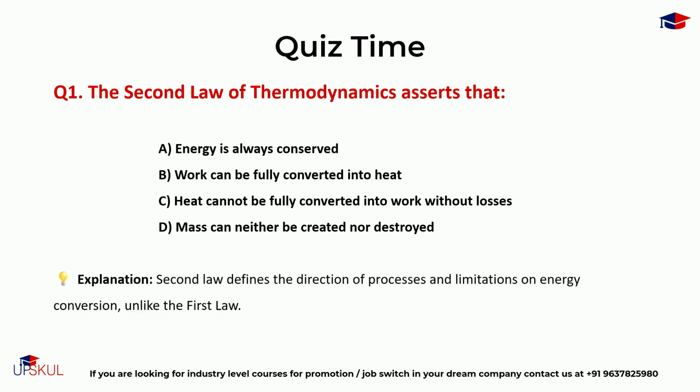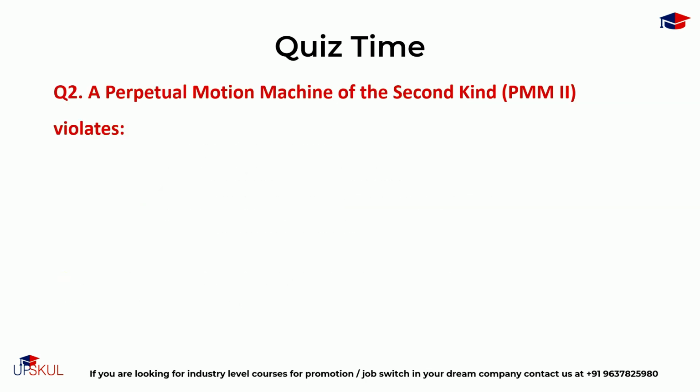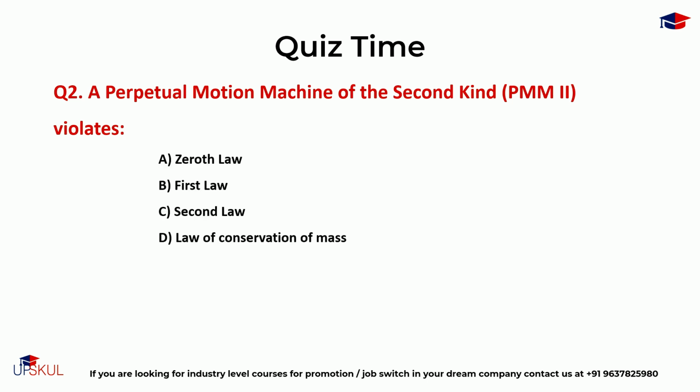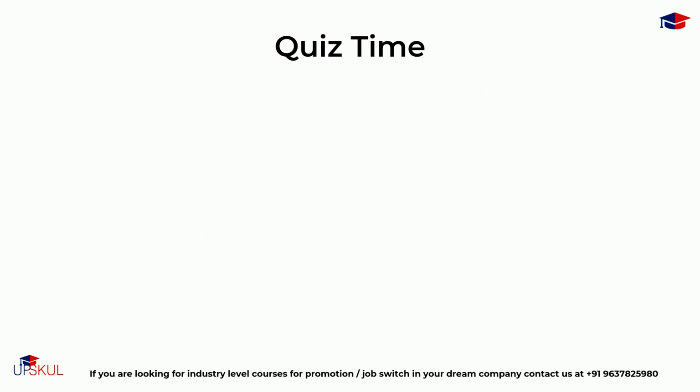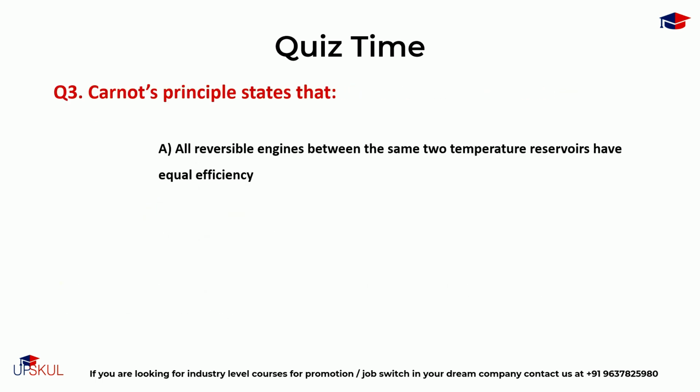Question 2. A perpetual motion machine of the second kind violates A. zeroth law, B. first law, C. second law, D. law of conservation of mass. Answer is C. Question 3. Carnot's principle states that A. all reversible engines between the same two temperature reservoirs have equal efficiency.